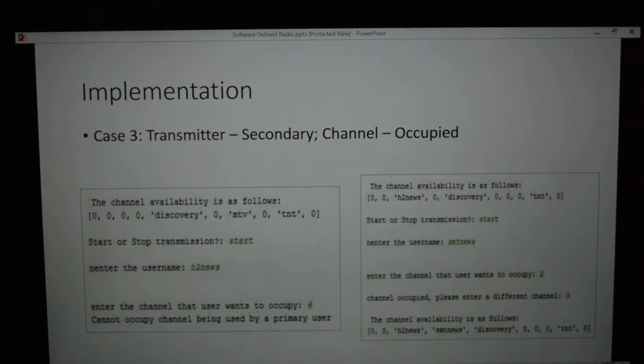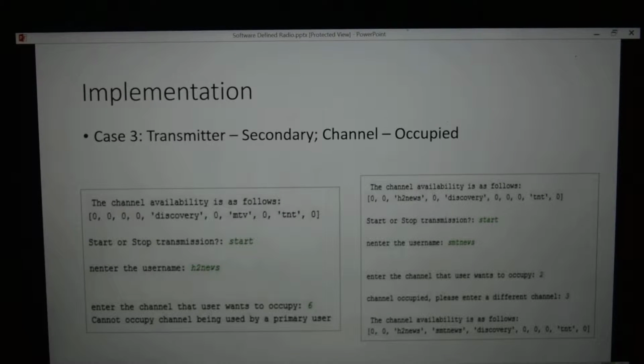So let us now take the third case. Suppose a secondary transmitter wants to transmit and the channel is occupied. This can have again two cases. The channel can be occupied by a primary user or a secondary user. What happens if a channel is occupied by a primary user and the secondary user wants to transmit there?